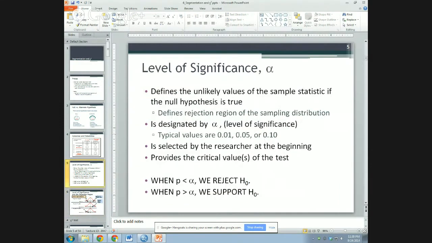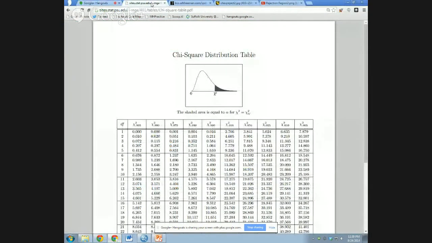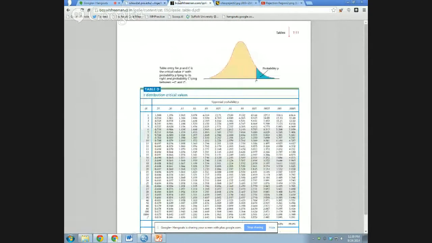So again, these probabilities, these levels of significance, correspond with p-values. Let me bounce back to my slides here. For each statistical test, and again, some statistical tests deal with categorical variables, some deal with continuous variables, we're given critical value tables that correspond with p-values.